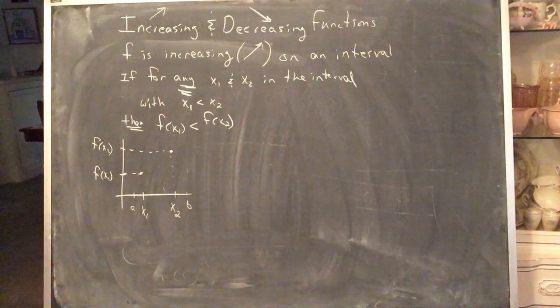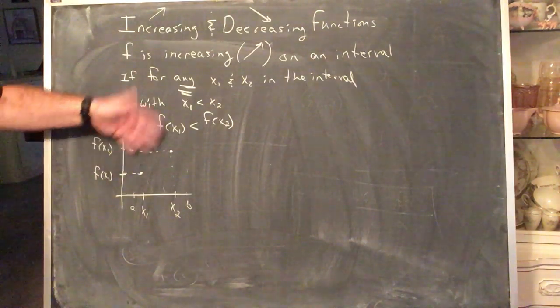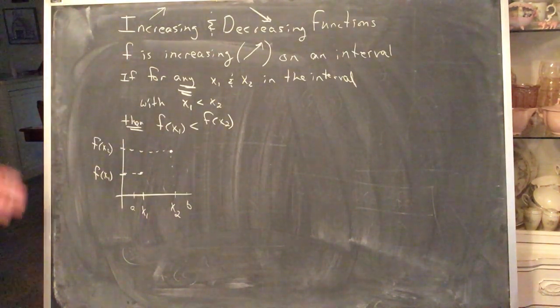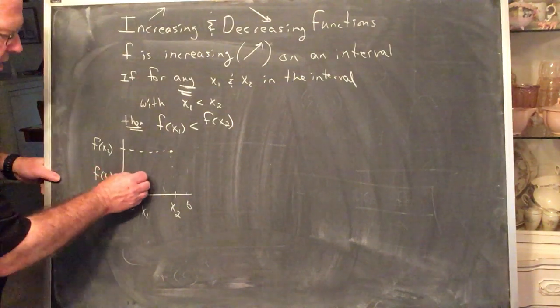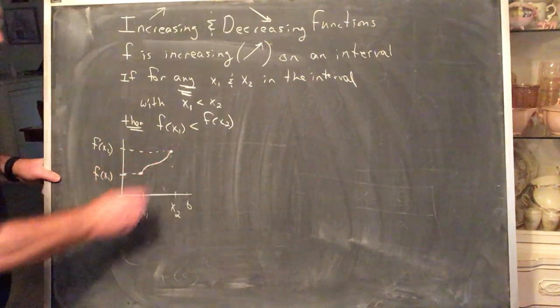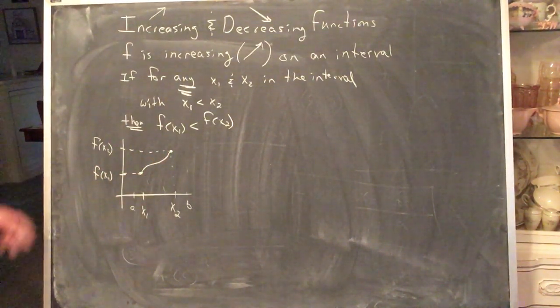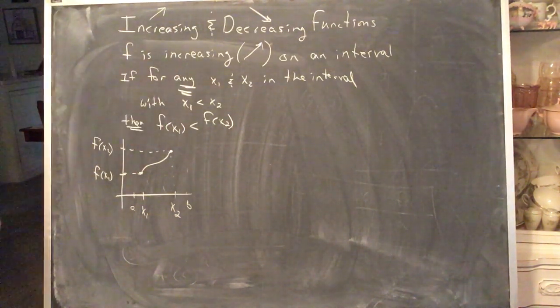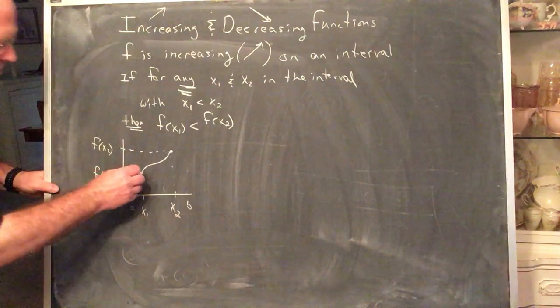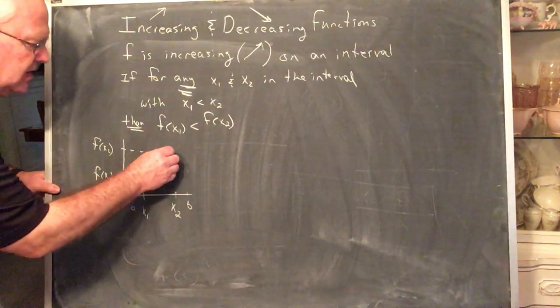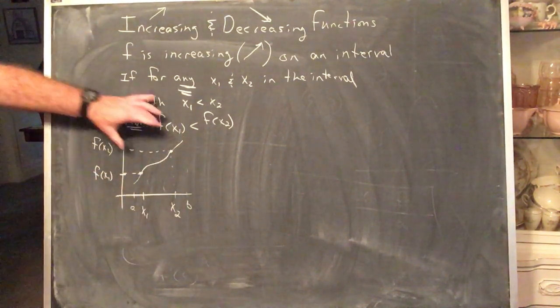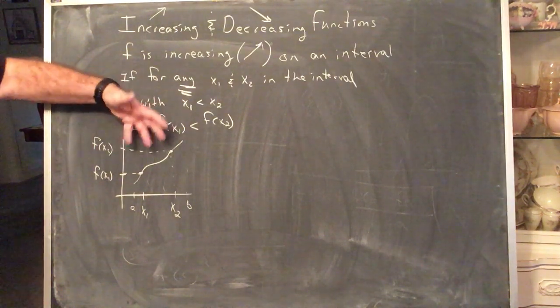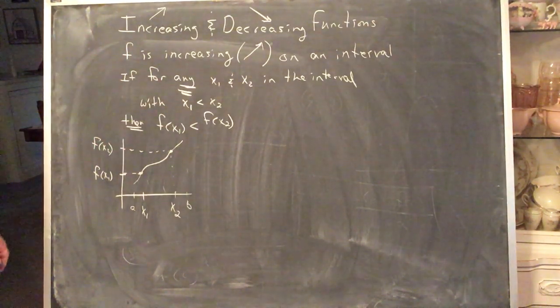Now, let's assume we have a function, the graph of which connects those two lines. Let's assume, just for our argument's sake, that's the graph of the function. And so what we're saying is f of x1 is less than f of x2. Let's suppose this is the graph over the entire interval. And so what we're saying is, roughly speaking, the graph is going uphill.